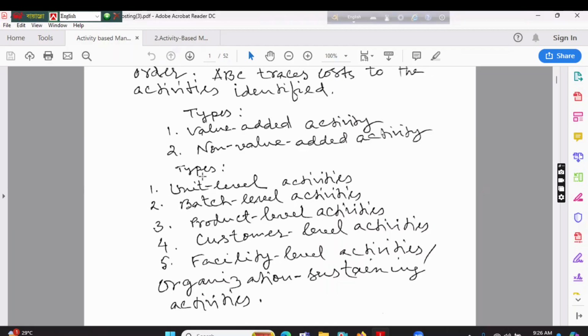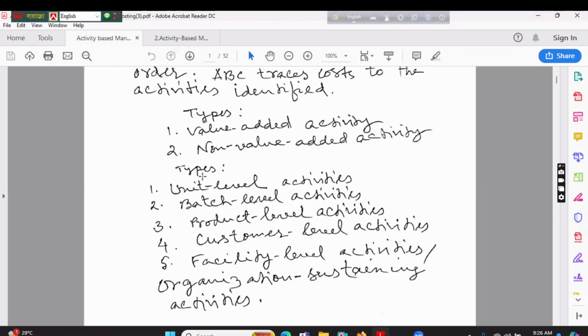There are two categories of predetermined overhead rate. One is plant-wide predetermined overhead rate. We assign or absorb manufacturing overhead to product.